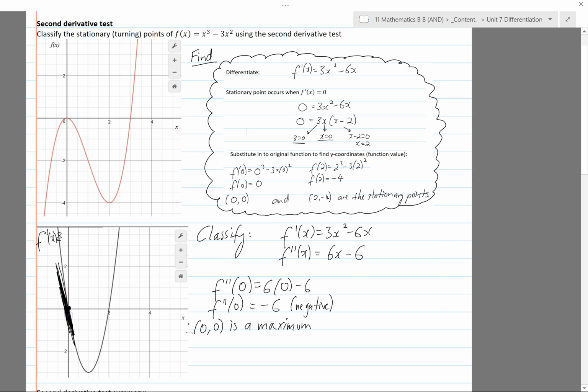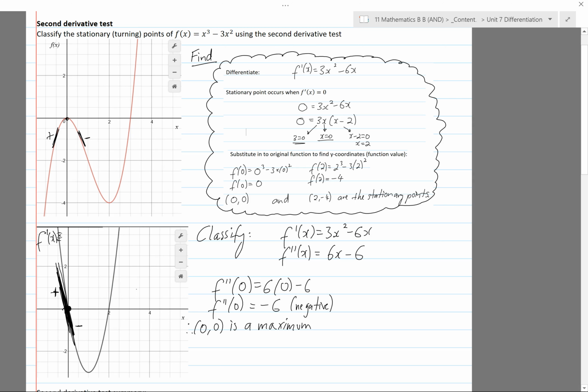It's a negative rate of change passing through 0, which means the slope went from a positive slope to a negative slope, which we can see on this graph. So in terms of a slope diagram, positive, 0, negative, indicates a maximum.